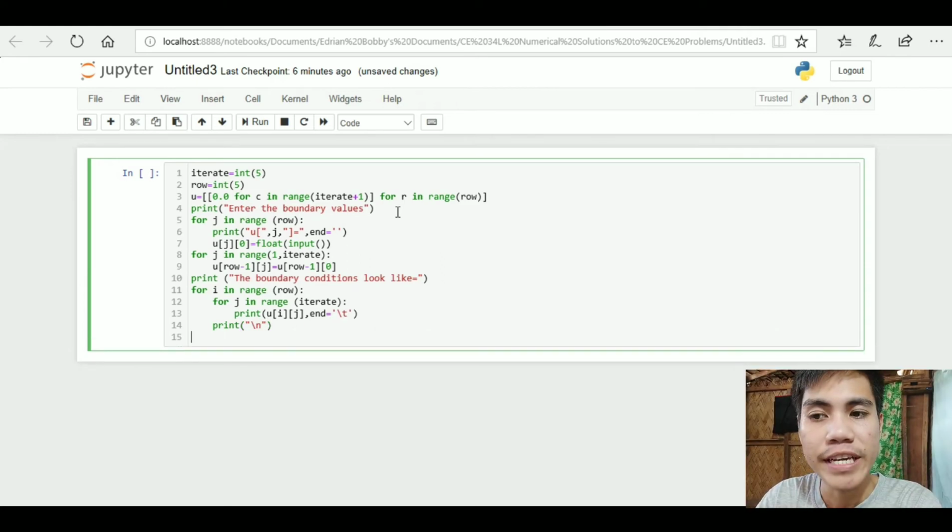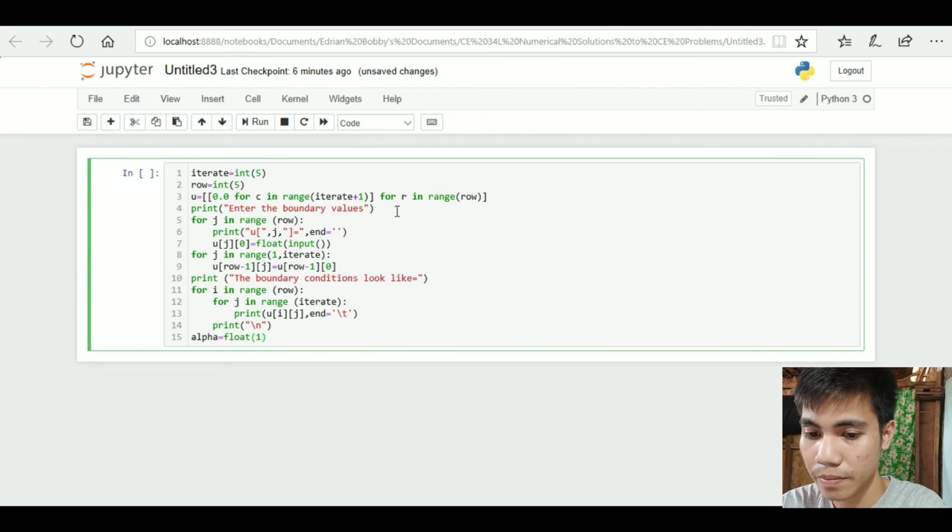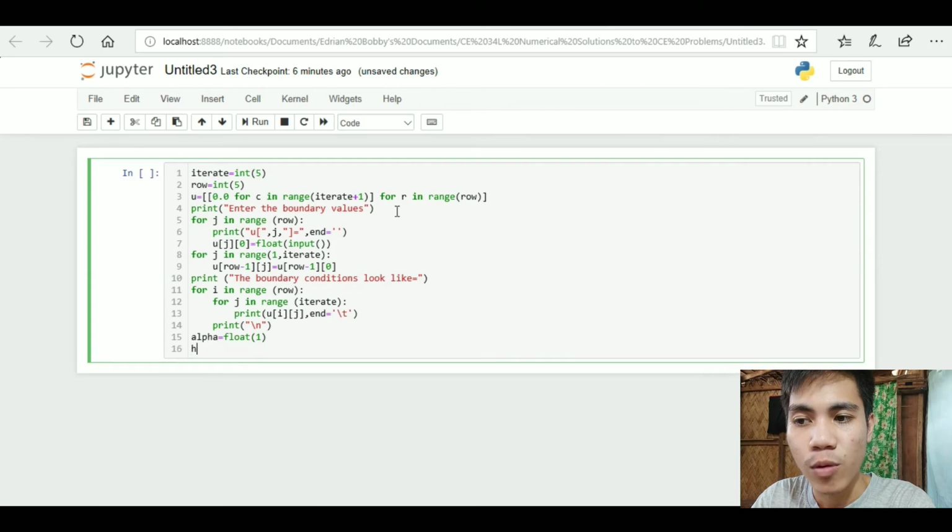Here, our code is based on the finite difference method. Alpha is equal to float(1), since the value of alpha is 1. H is equal to float(0.6), because the value of h is 0.6.